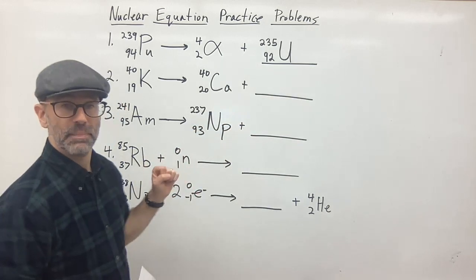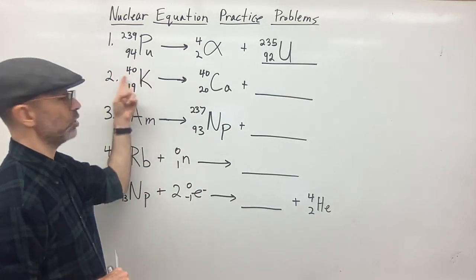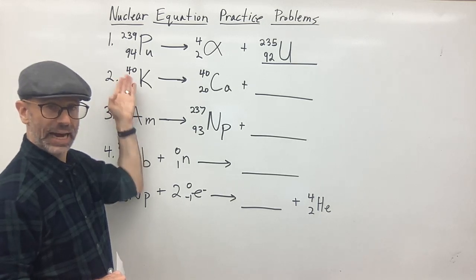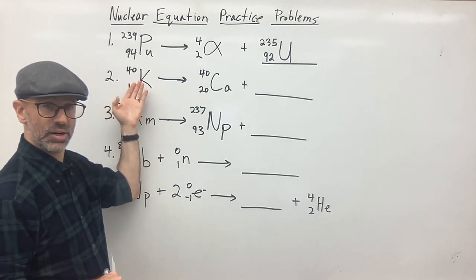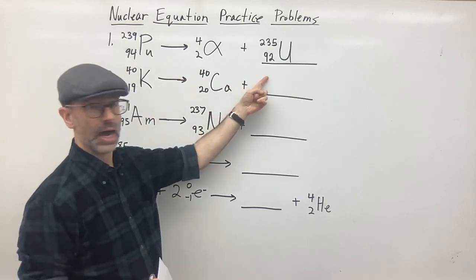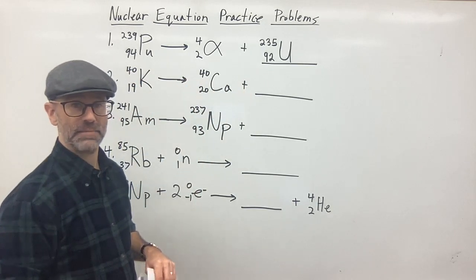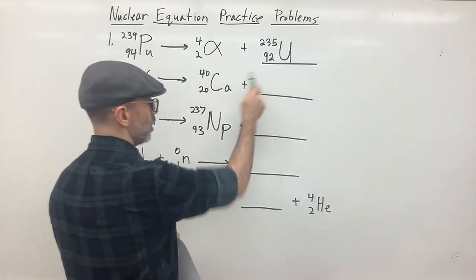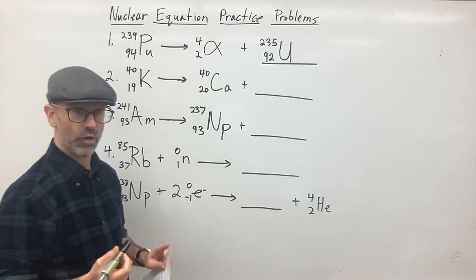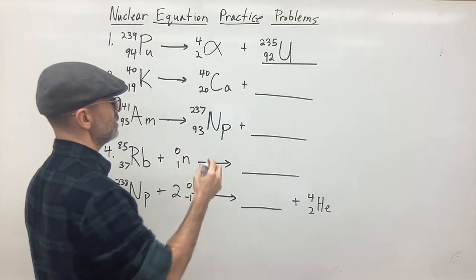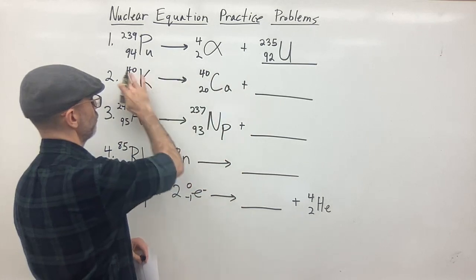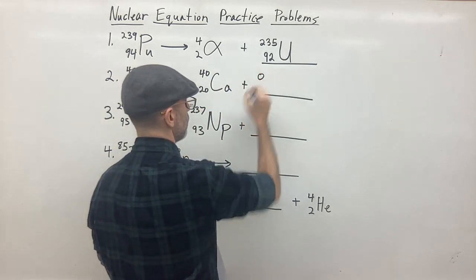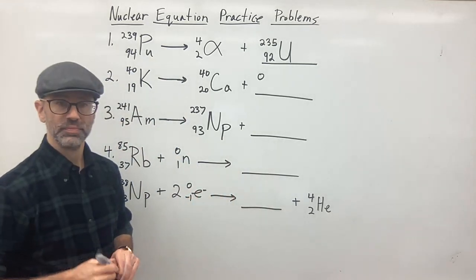So again, I'm making sure that the total top numbers on the reactant side of the arrow, this side of the arrow, is equal to the total top numbers on the product side. So I have 40 here. 40 plus what gives me 40? Well, that would be 0, because if I subtract 40 from here, I get 0. So 40 plus 0 gives me 40.